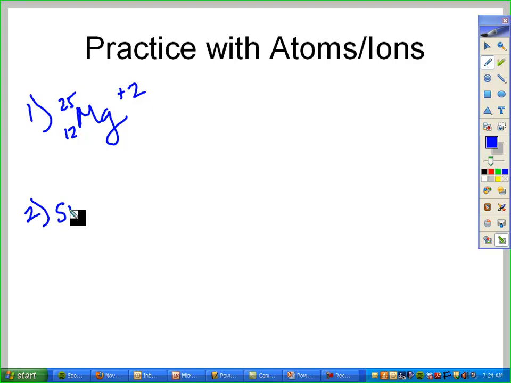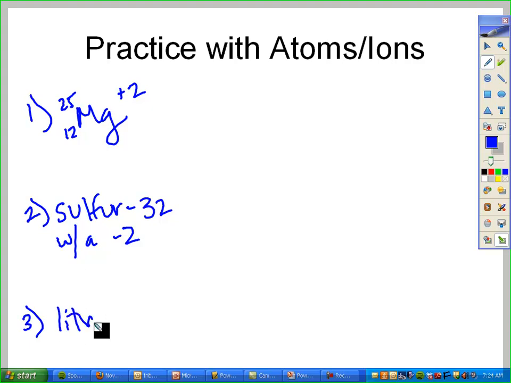Let's do sulfur 32 with a -2. And let's do lithium 7 with a +1. Protons, neutrons, and electrons. So pause it and let's see how you did.